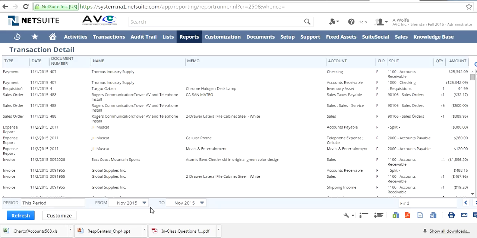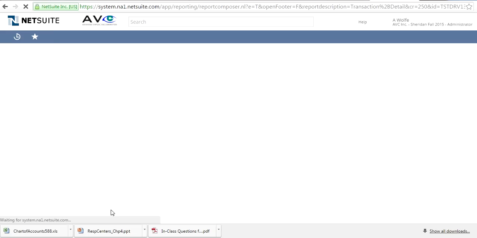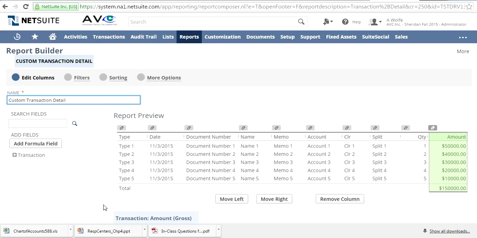So what we can try to do is change our period if we want to look at the year as a whole. We could grab January 2015 to November 2015. And then maybe we could try to do a little customizing and see what I'm looking for.